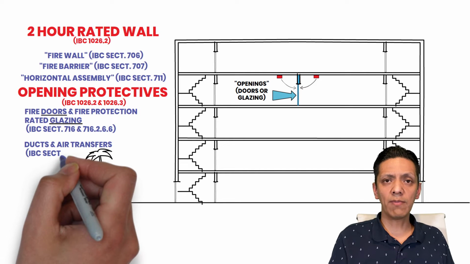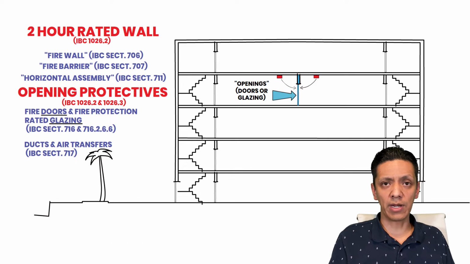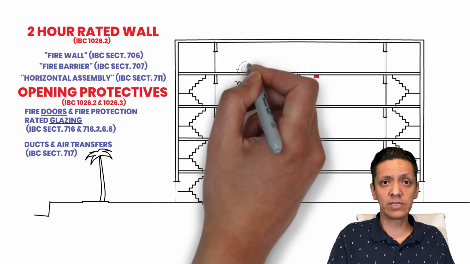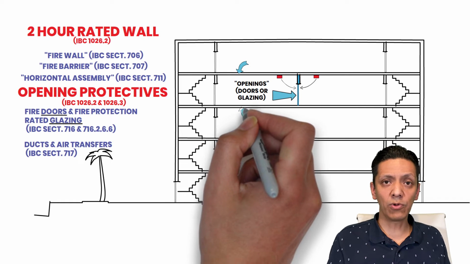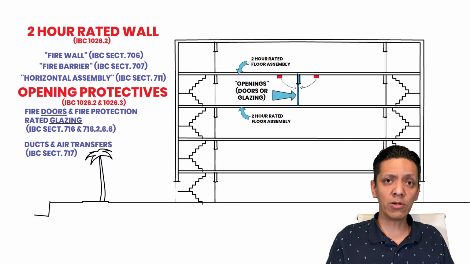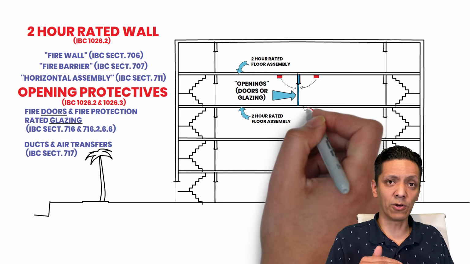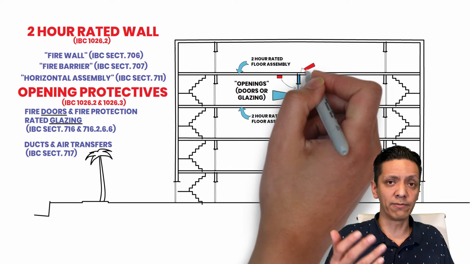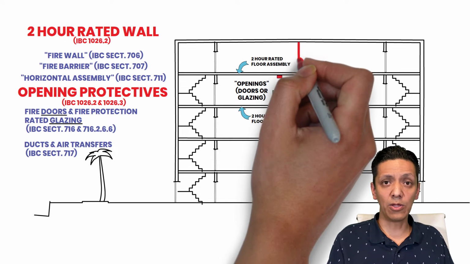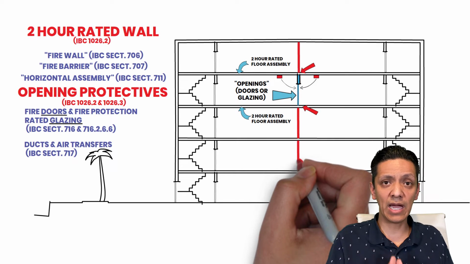Now, there's also requirements as to where the wall should start and end, speaking vertically. Looking at this diagram, if the floors are built as 2-hour rated floor assemblies, then your wall just needs to go from one floor below to the floor above. And that's it. But if the floors are not 2-hour rated floor assemblies, then the wall has to separate the entire building.